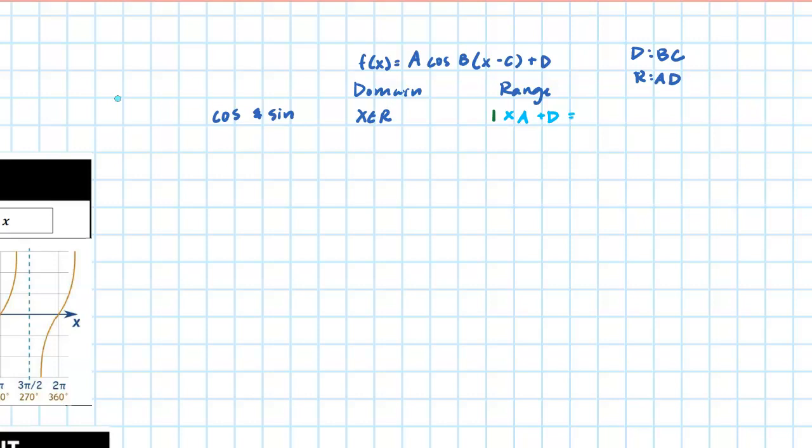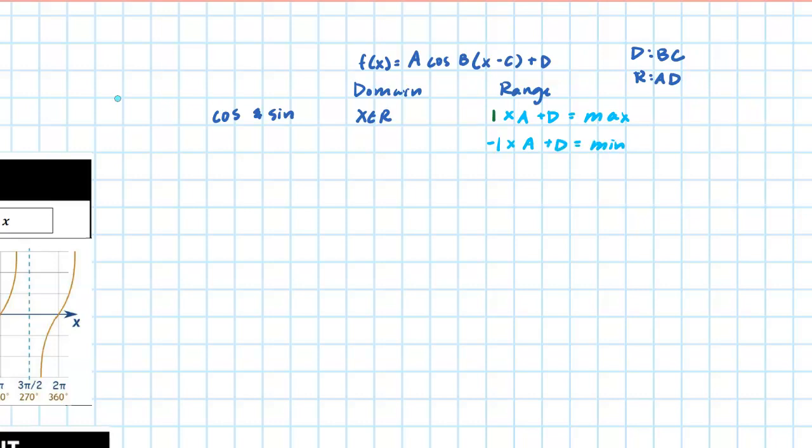And that should be the new maximum. Unless it's been flipped upside down, unless it's been reflected over the x-axis and A is negative. Then the max becomes a minimum. -1 times A plus D equals min.